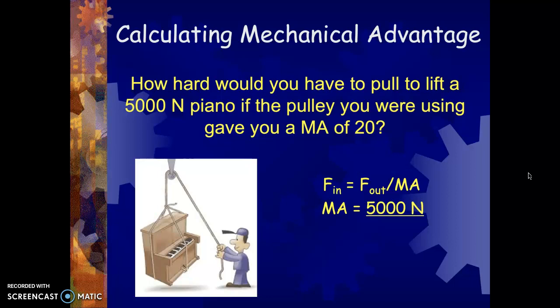We know that this pulley will multiply our input force by 20. That's its mechanical advantage, so we simply divide by 20, and we get 250 newtons. And again, since we're measuring force, we do need to include a unit. Our unit in this case is newtons, because you can see in the problem that the newtons do not cancel out.